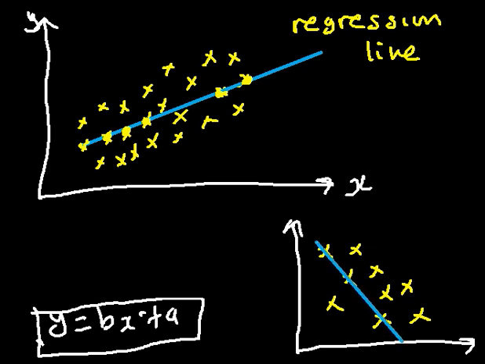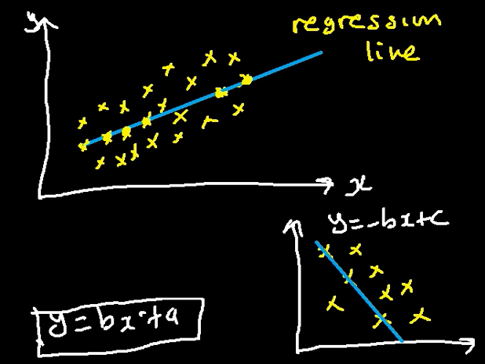This is what we call the regression line, presented in the same way, only that since the positive relationship has a positive value of b, where b portrays the gradient of the line, and since this is a negative relationship, in all cases the regression line follows this way. We'll have it as y equals negative bx plus c.